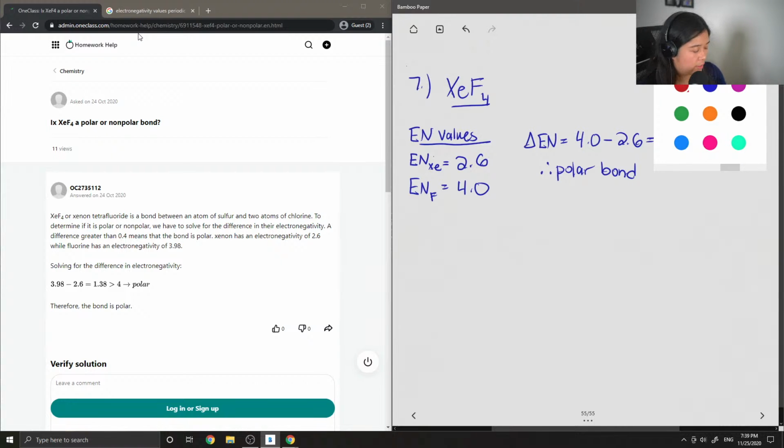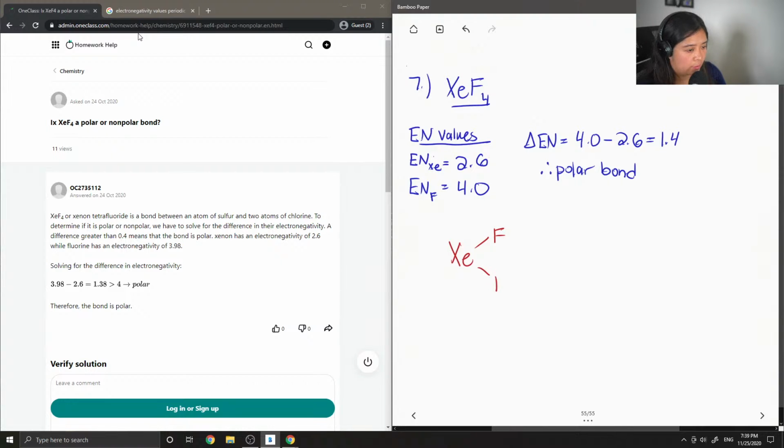But I also wanted to just show what would happen if we would draw out the molecule of xenon tetrafluoride. There are 4 fluorine atoms symmetrically like this, and there's also 2 lone pairs.